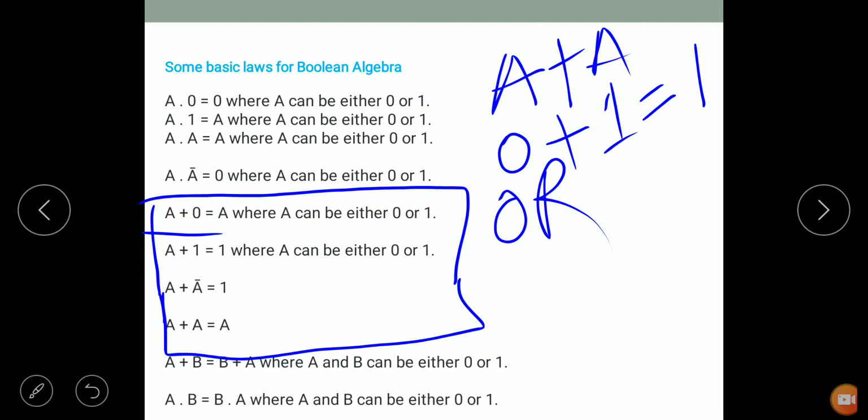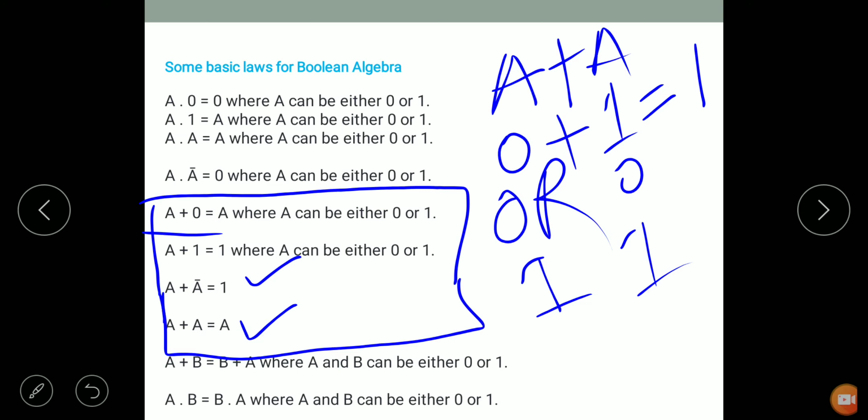Then the last law is a plus a bar. The possible combinations are 0 and 1 for a, and 0 and 1 for a bar. So 0 plus 1 is 1, 0 plus 0 is 0, 1 plus 0 is 1, and 1 plus 1 is also 1. Then a plus a bar is always 1.